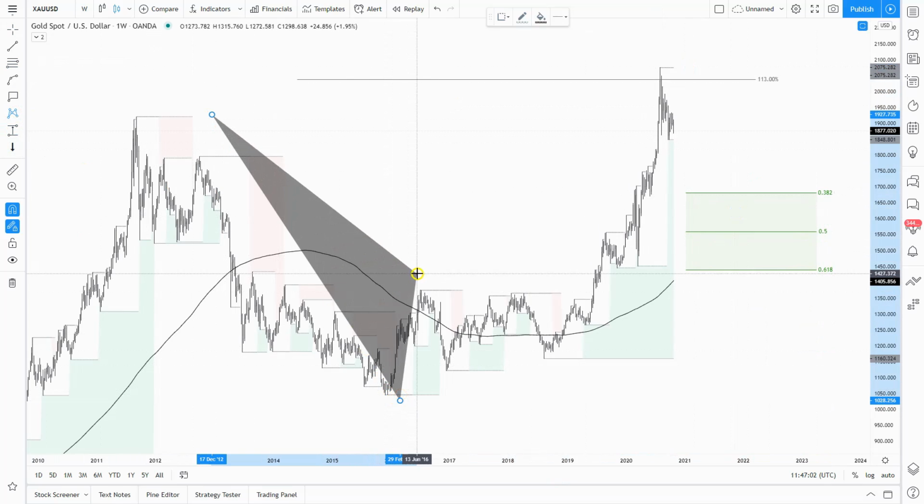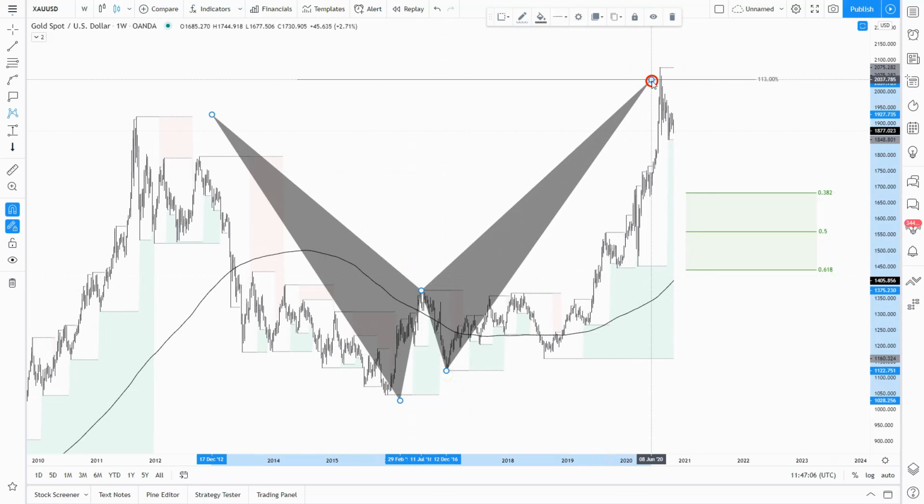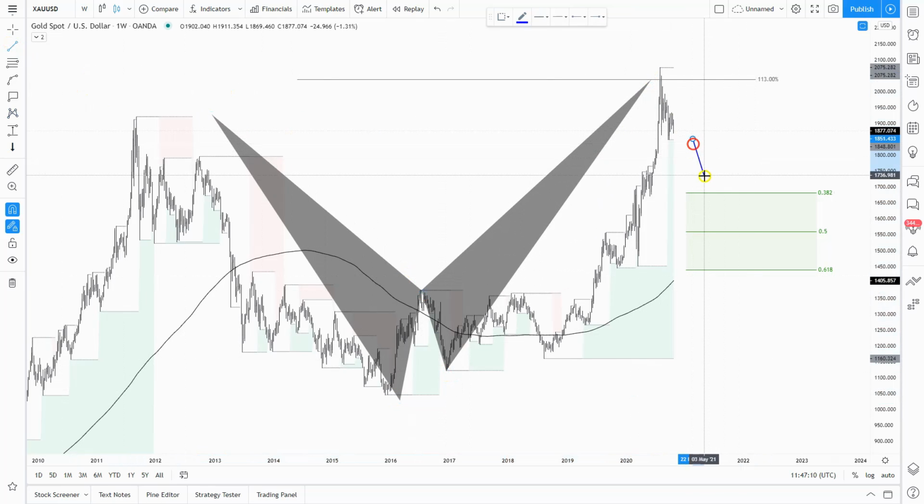We have a major outback pattern completed right there. I will not be surprised to see gold trading 1681, and if that happens, that will offer you a very interesting opportunity to buy more gold.